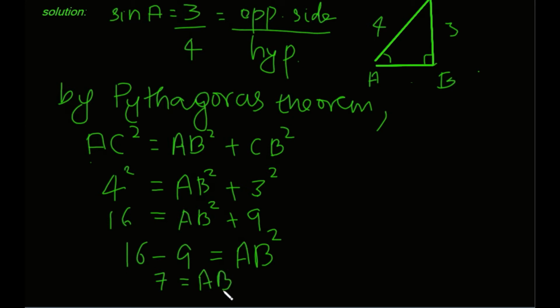So by transferring the square to the other side, AB is equal to root 7. Now we have found the side AB, so let's write it in the diagram. Side AB is root 7.